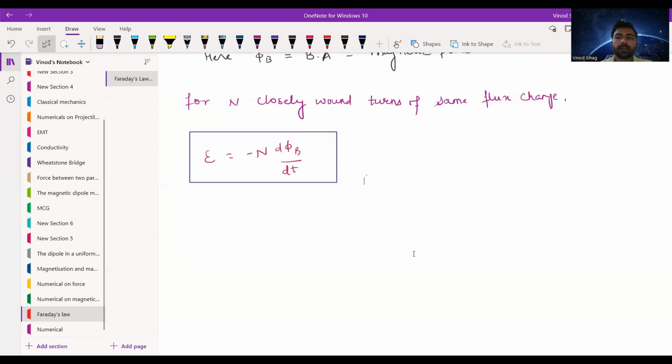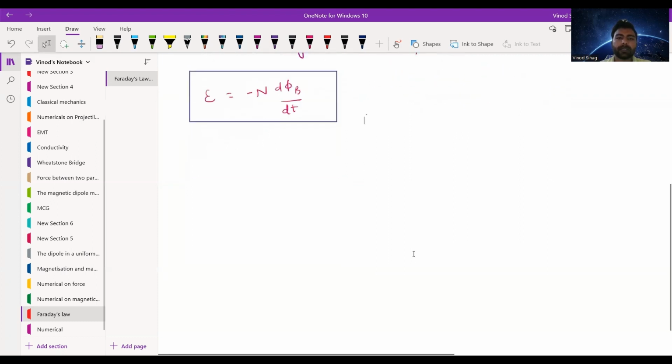For example, if a circular wire is shrunk into a straight wire, its cross-sectional area changes, its properties change, and the magnetic flux will also change. So there are many ways.